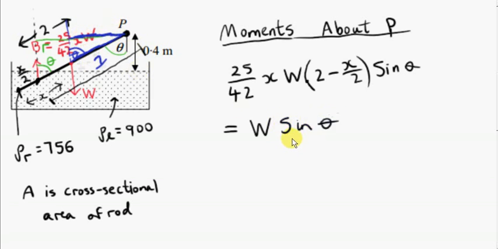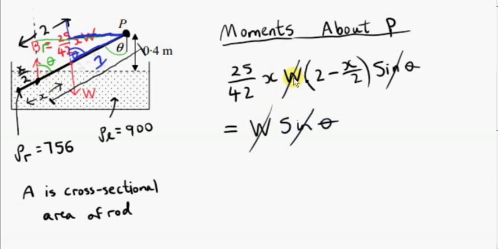Now notice that sine theta cancels on both sides. So that's good because we don't want any extra variables appearing. The W's cancel out. Okay, so that's why we got B in terms of W in the first place, so that when we go to take moments and equate the moments, we can cancel common terms.